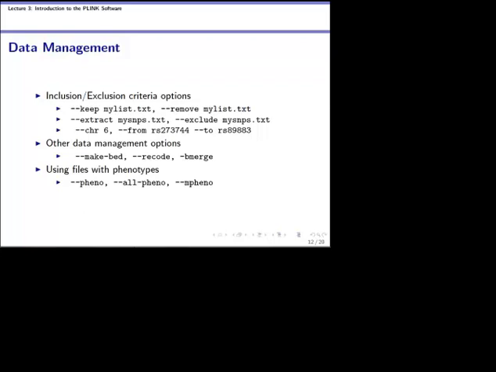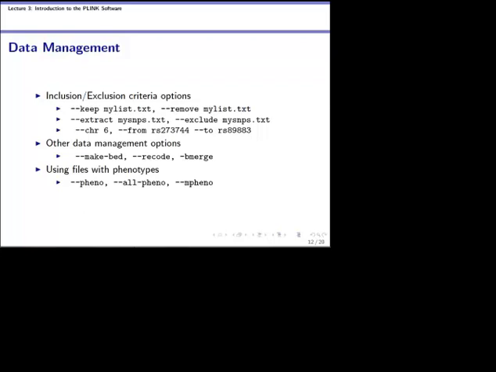You give it a file like this, and it's going to exclude individual 1 in family MO1 and individual 2 in family MO1. So you have to give it the family ID and the individual ID, and then it'll remove those individuals. If there's no match, then it won't remove anybody. It looks in the .fam file, or the .fam file if you have compressed the data.